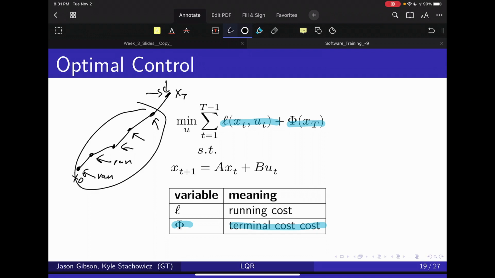And we're going to do this subject to some dynamics, which we're going to define as linear. So what is the set of controls that give me the lowest cost defined by these two functions? And this will be defined as a quadratic function, and this will be defined as a quadratic function. So we know that the combination of the two, since each one is convex, is also convex. We can find the best control.